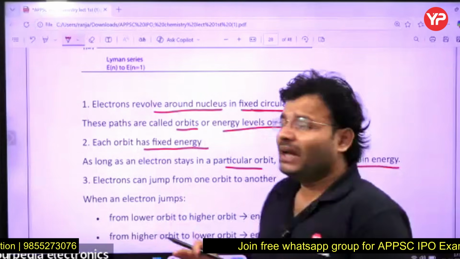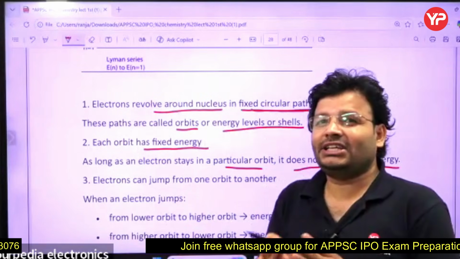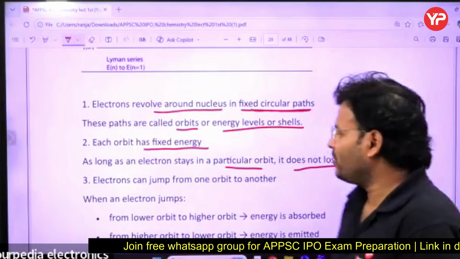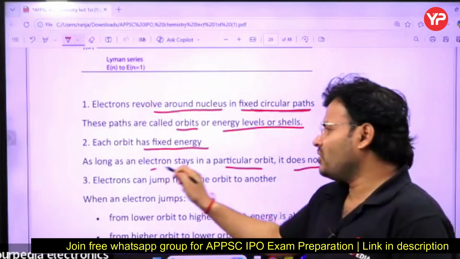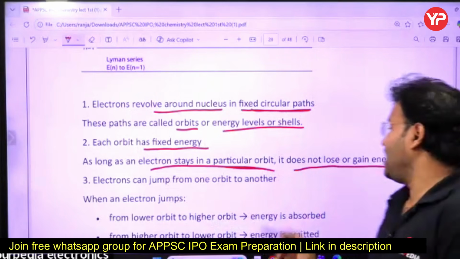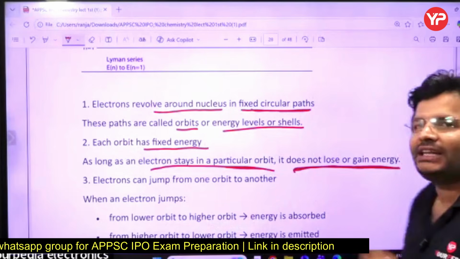So Bohr came and said, no, my dear friends, the story is not like that. An electron stays in a particular orbit and does not lose or gain any energy.